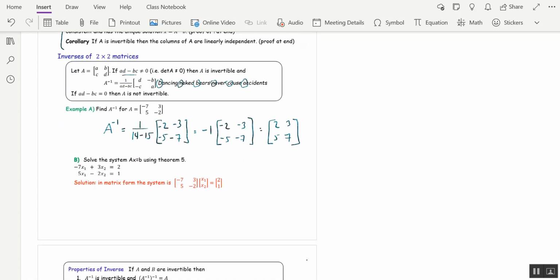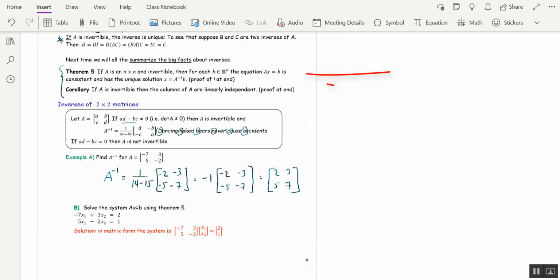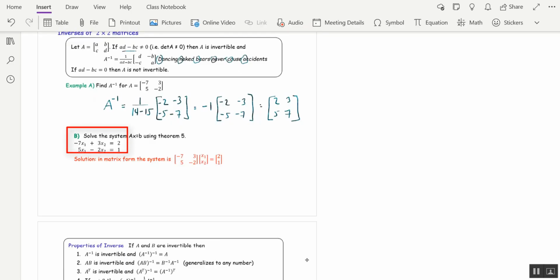Now, let's use Theorem 5 to solve this system. Theorem 5 says that if A is invertible, then the equation AX equals B is consistent, and the unique solution is X equals A inverse B. Okay, well, this linear system is not random. This is the exact matrix A that we had above.